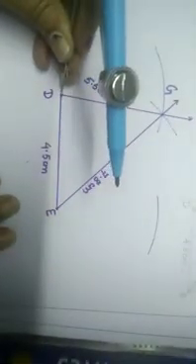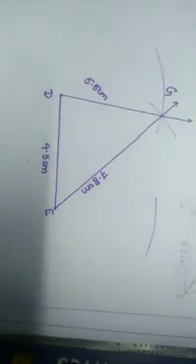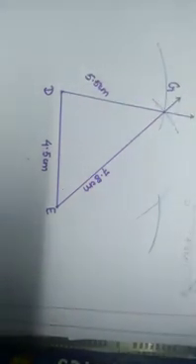Now in the rough figure from D also towards F, the measurement is given as 7.2 centimeter. So let us take a 7.2 centimeter arc from D. Yes, take 7.2 centimeter.